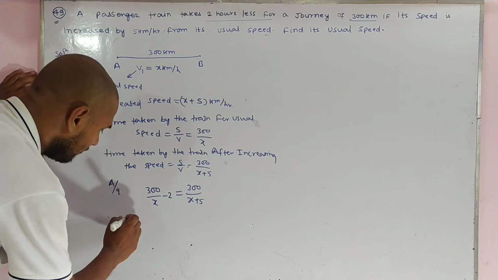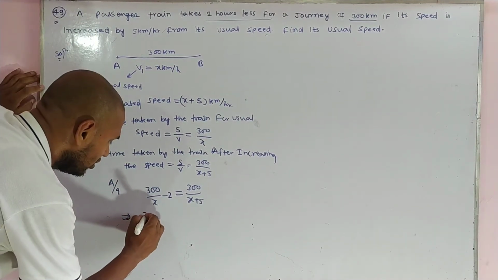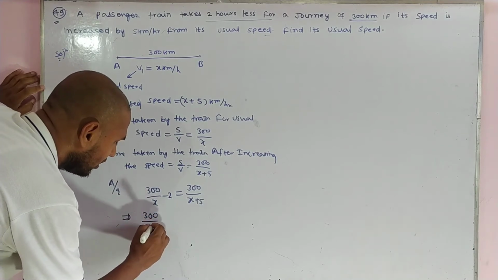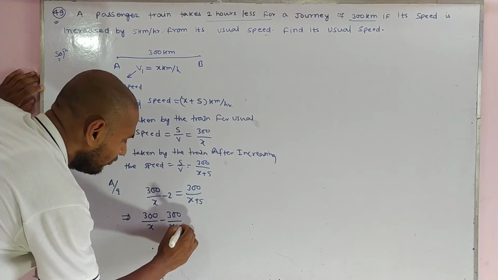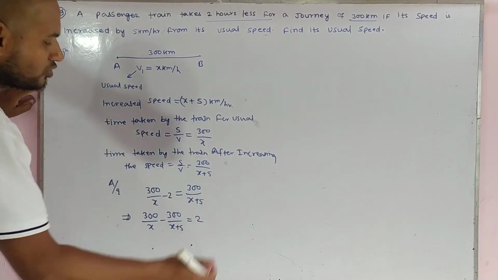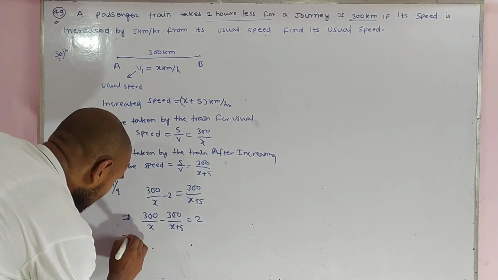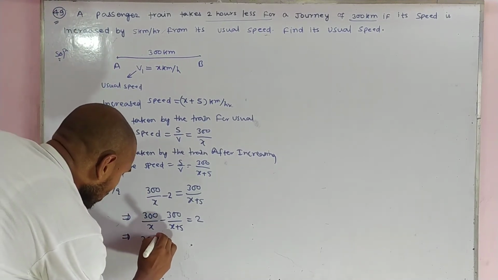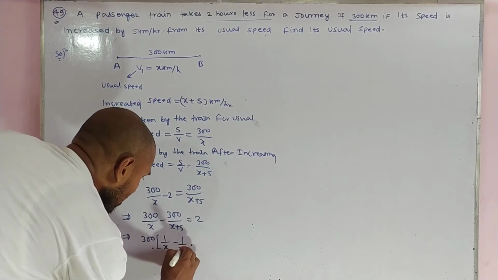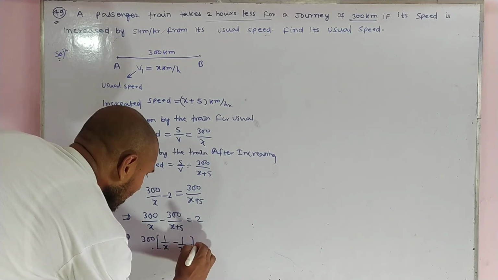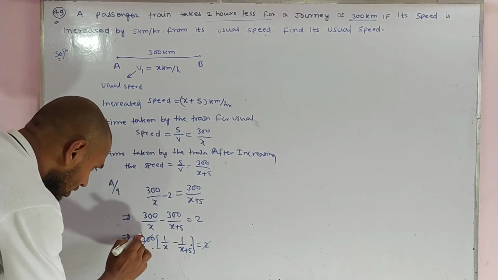From here we get an equation, and we have to solve it to find the value of x. So 300 upon x minus 300 upon x plus 5 equals 2. Taking 300 as common, we get 300 times (1 upon x minus 1 upon x plus 5) equals 2.